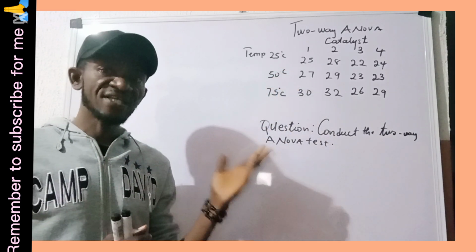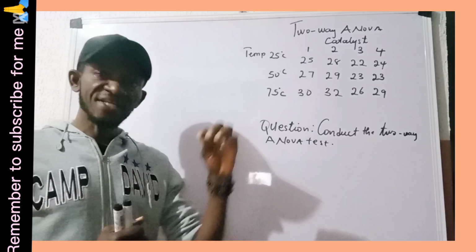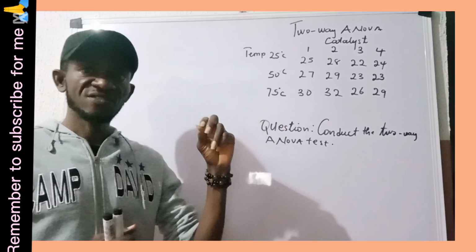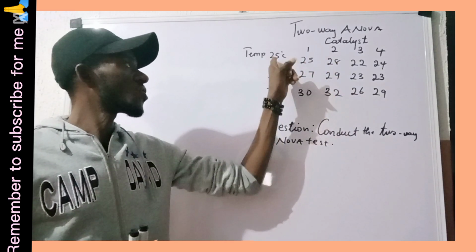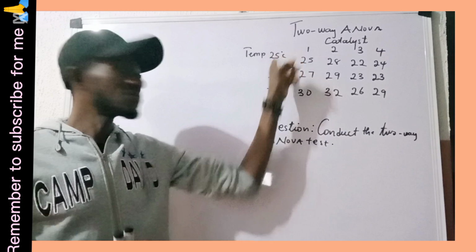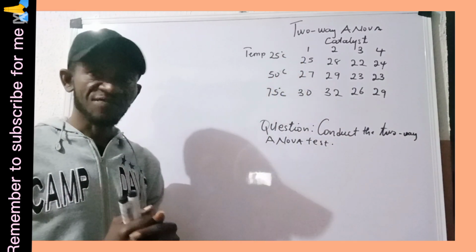Our interest here is to know if there is any statistically significant difference in the means of these observations coming from 25 degrees, 50 degrees, and 75 degrees.